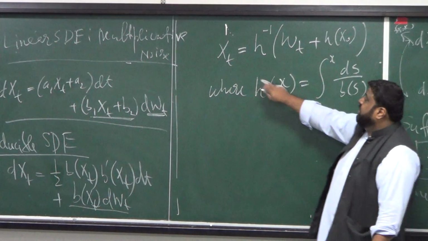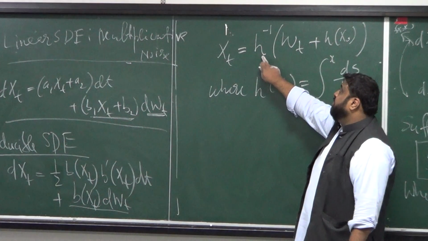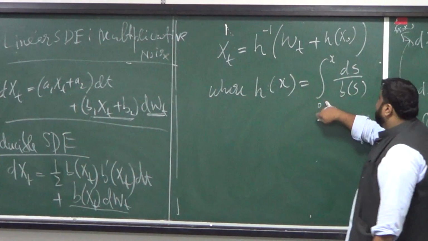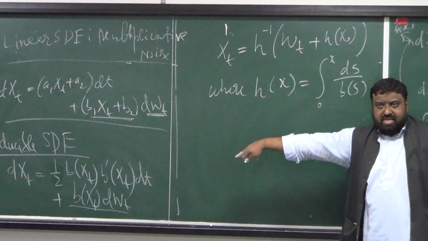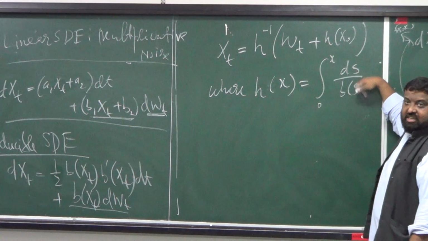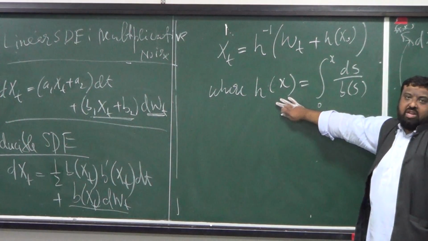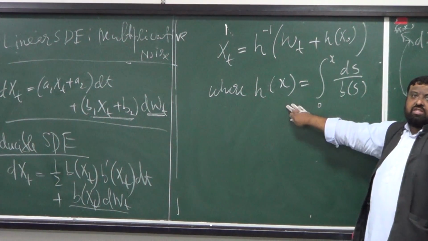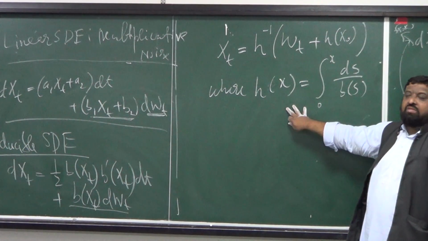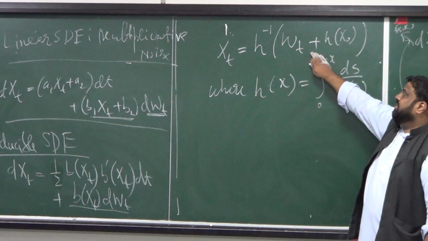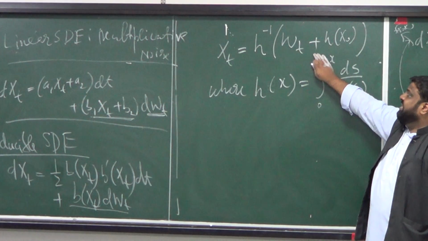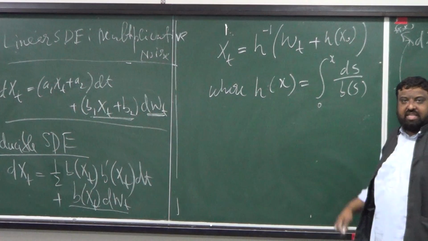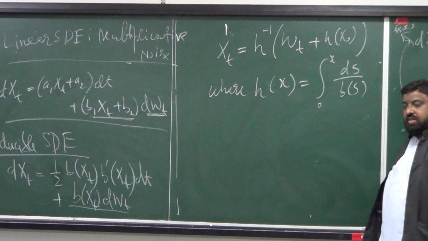First you need to compute H, which is computed by taking this b and integrating it, and that will be a function of x. Then we compute the inverse of it and evaluate that inverse at W_t plus H of x naught, and that would be the solution of the given SDE.